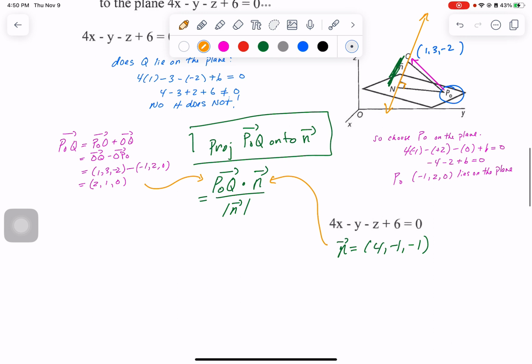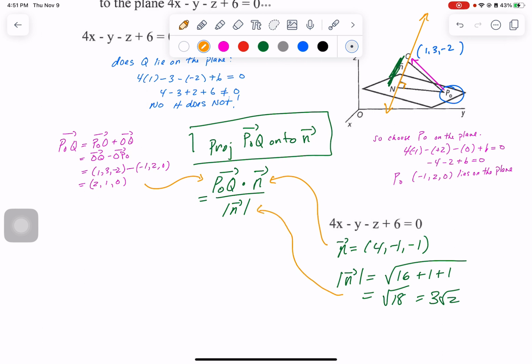And then what about the magnitude of the normal? Well, that's going to be 16 plus 1 square rooted, so that's 17, 18, the square root of 18. And last time I checked, that was 9 times 2, so it's 3 root 2. All right, so let's put all of that where it goes.